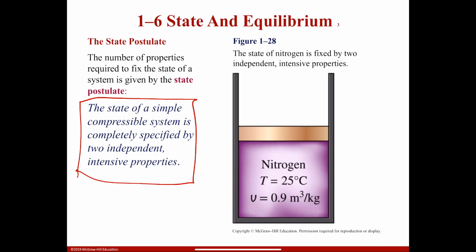So pretty much, the state of a simple compressible system is completely specified by two independent intensive properties. Okay, the state of a simple compressible system is completely specified by two independent intensive properties.